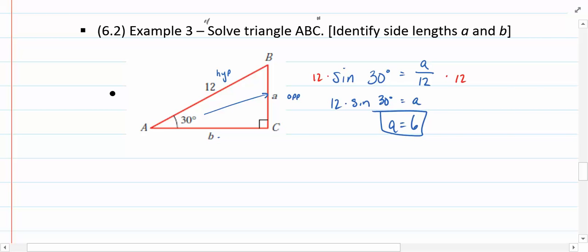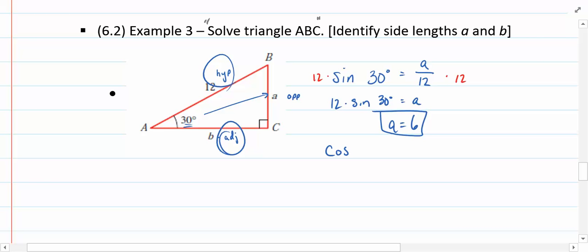Now, B is what we would call an adjacent side compared to this angle. And the 2 trigonometric ratios that deal with adjacent side lengths and hypotenuses are the cosine function or the secant function.